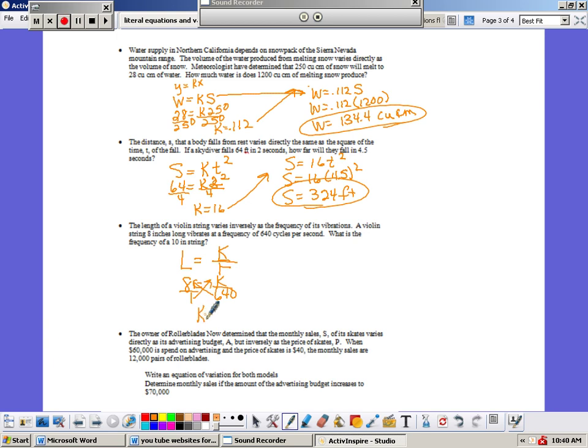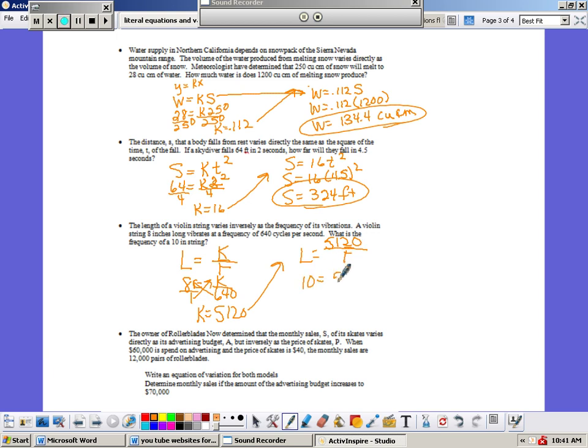Cross multiply, K is equal to 8 times 640, 5,120. L is equal to 5,120 as my variation value over F. What is the frequency if I have a 10-inch string?